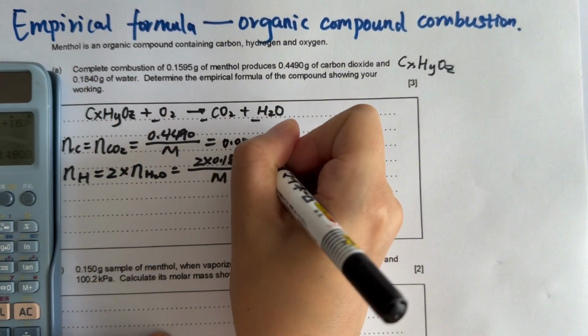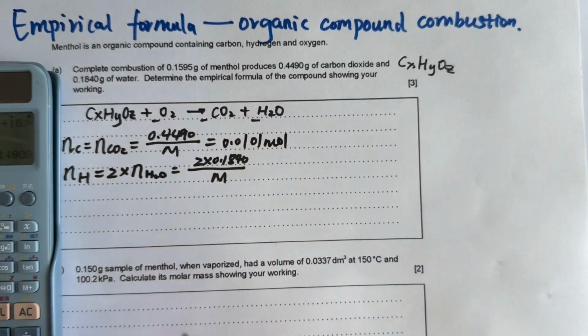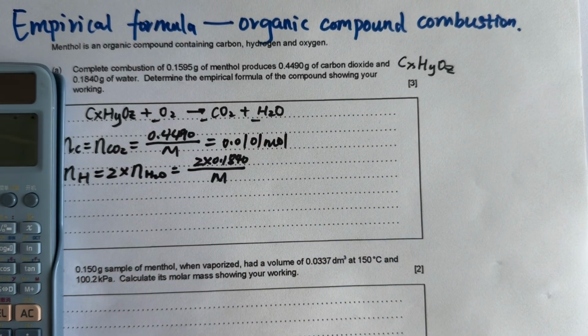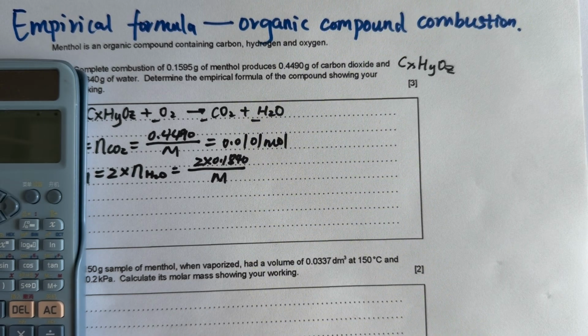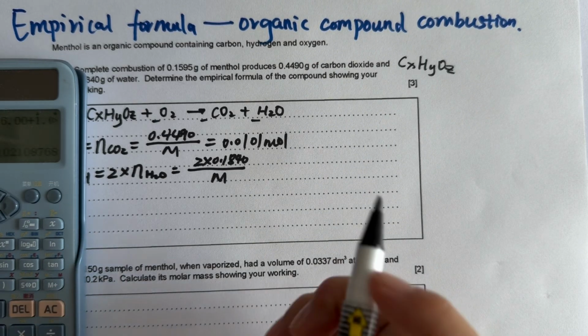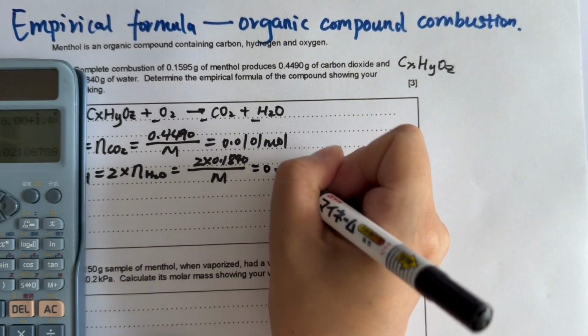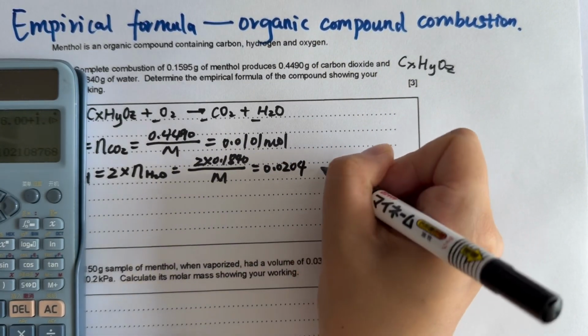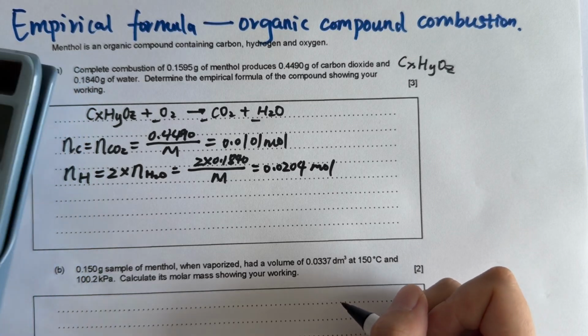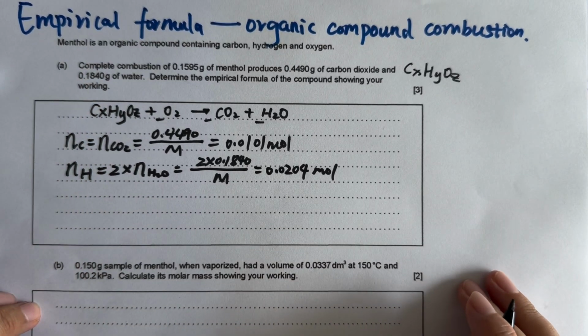Okay, so this is 0.0101 mole, and the second one is 2 times 0.1814 divided by the molar mass. Okay, so here it is 0.0204 mole. Okay, so this, I think, is easy to understand.